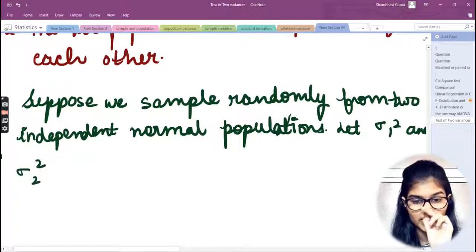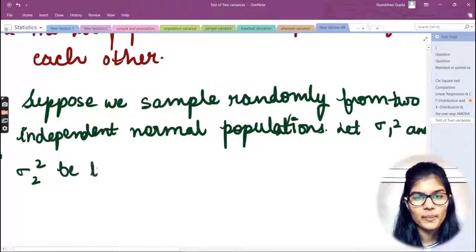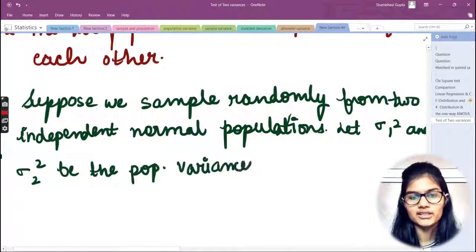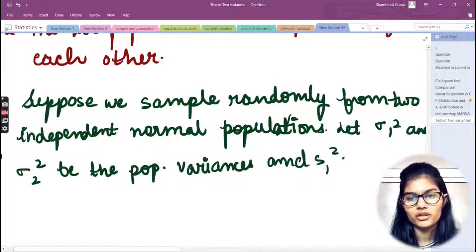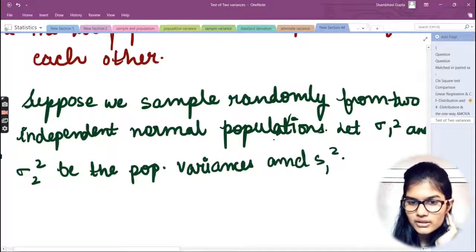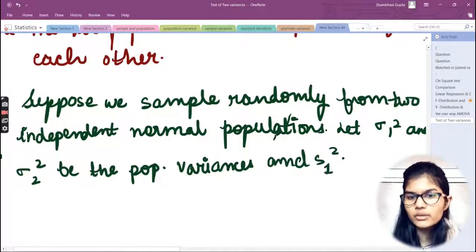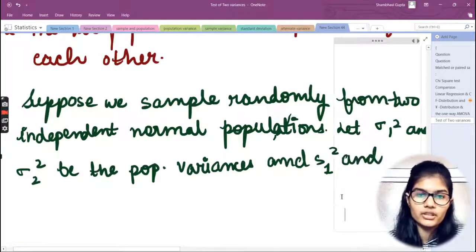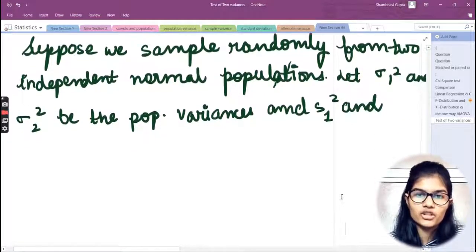So sigma 1 squared and sigma 2 squared, let these be the population variances, and S1 squared and S2 squared. One second, let me write this very clearly. So suppose we sample randomly from two independent normal populations.